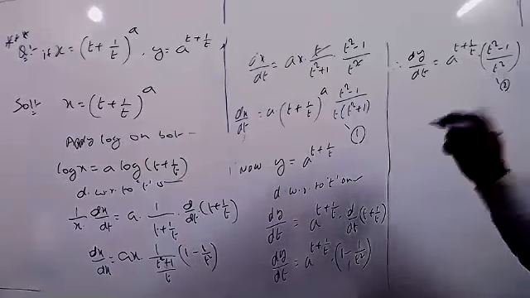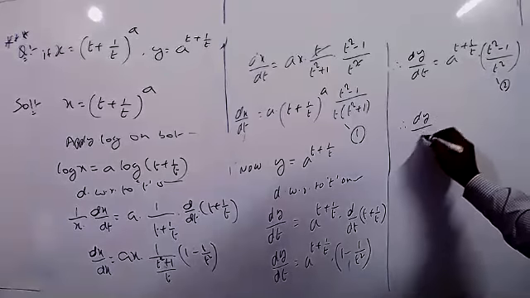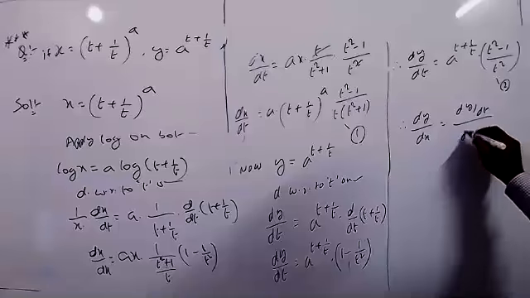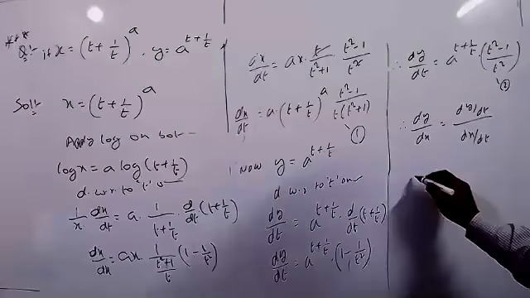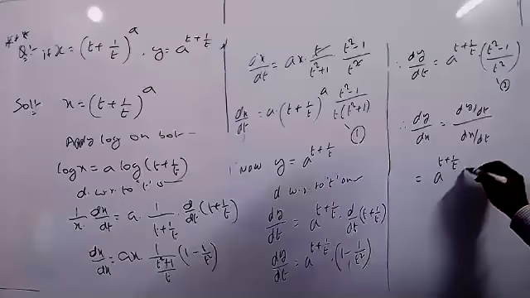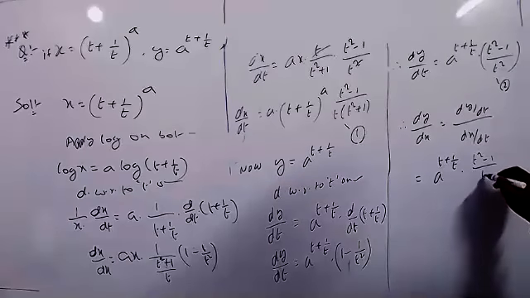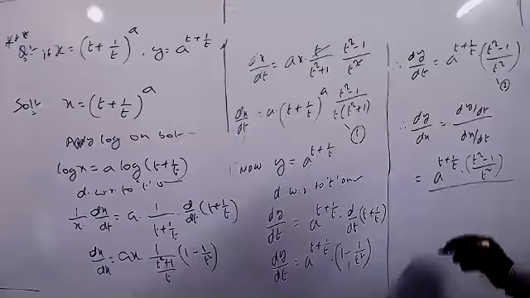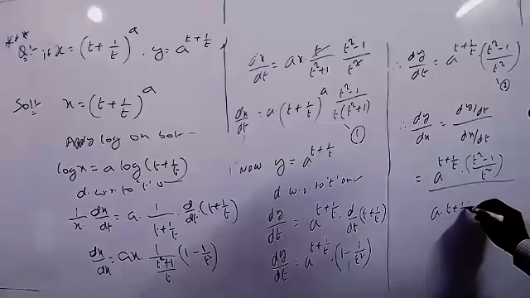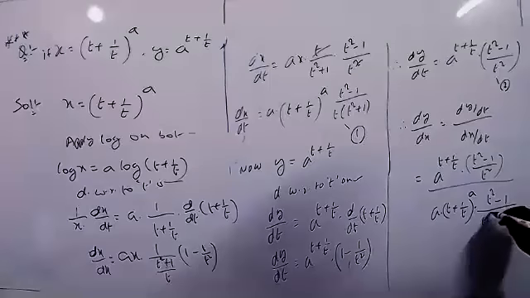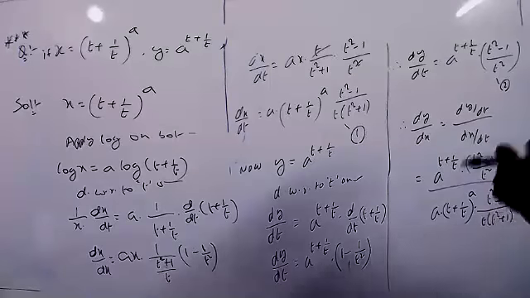Now find it. So therefore dy by dx equal to dy by dt whole by dx by dt. So dy by dt equal, you can write now a power t plus 1 by t into t square minus 1 by t square, whole by dx by dt equal to a into t plus 1 by t whole power a into t square minus 1 by t into t square plus 1.